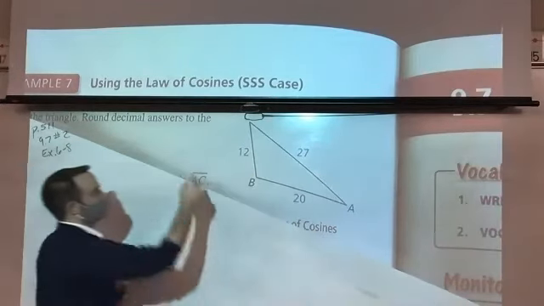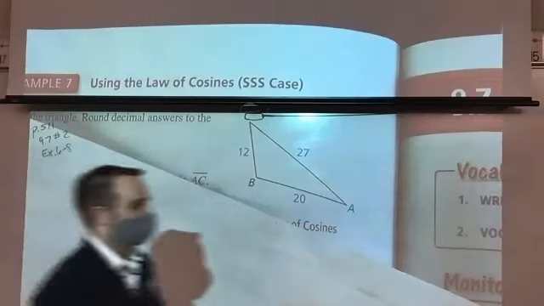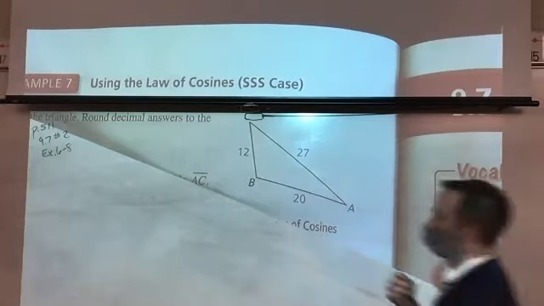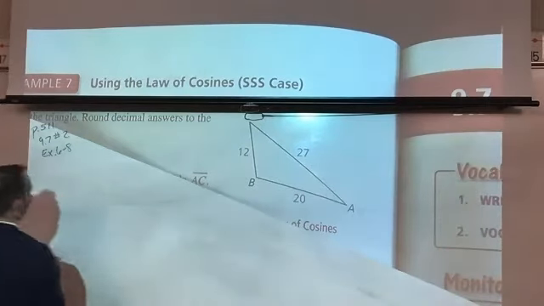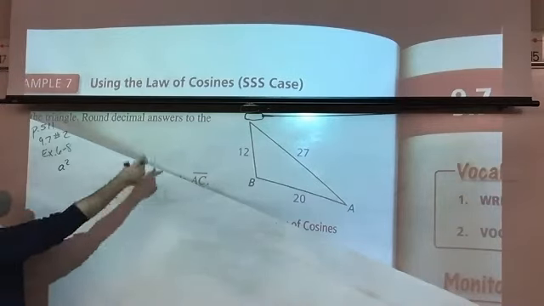Why don't you sketch this triangle in your notes, so you know what we're looking at. It always helps to make more sense when we go back and look at it again and we have a picture to go with it. That's a C up top.